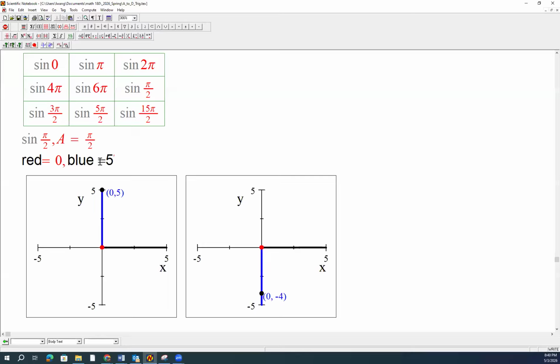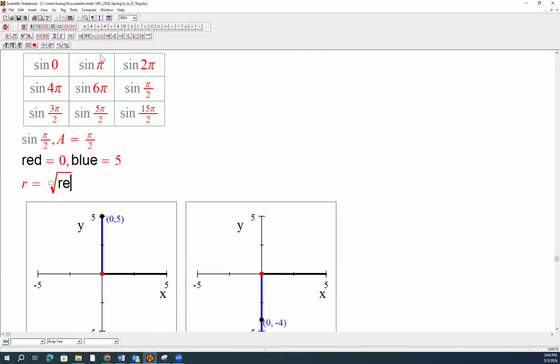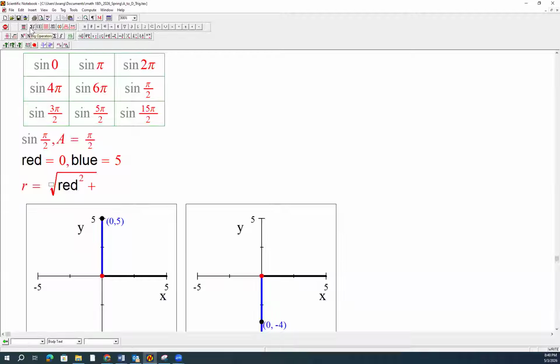If red is 0 and blue is 5, what will r be? r equals the root of red squared plus blue squared. We just plug in the numbers. Red is 0 and blue is 5. So 0 squared plus 5 squared is going to equal root 25, and root 25 is 5.